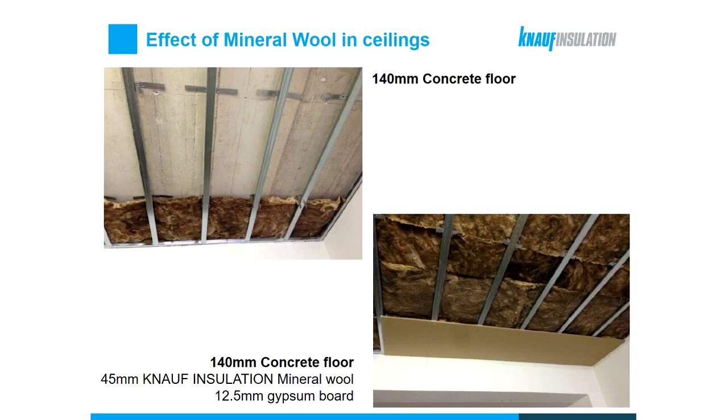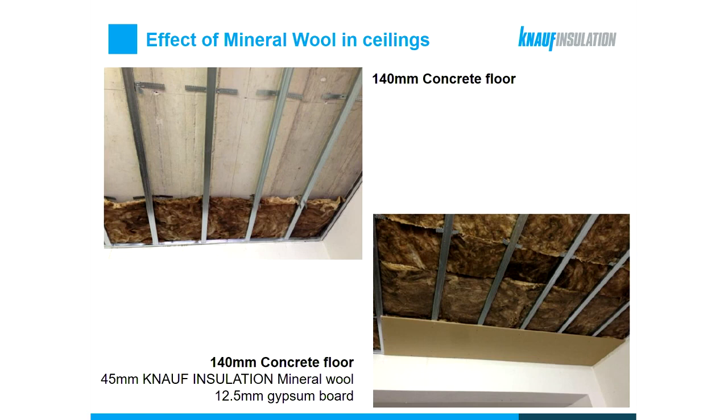The second strategy to fight the impact noise problem, which is actually a predominant strategy for renovations of apartments, when we can approach the floor only from below, so from our side of the apartment, is the installation of a suspended ceiling. And here is the illustration of a complete sequence of such an installation.